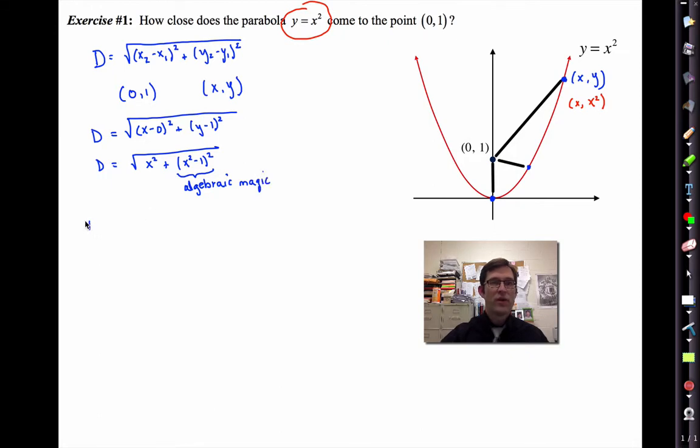If we kind of foiled that all the way out, here's what it would look like. x squared, it's just that first one, plus x to the 4th minus 2x squared plus 1. Let's combine some like terms, and let's get x to the 4th minus x squared plus 1. So that gives me the distance from the point 0, 1 to the point x comma x squared for any value of x.